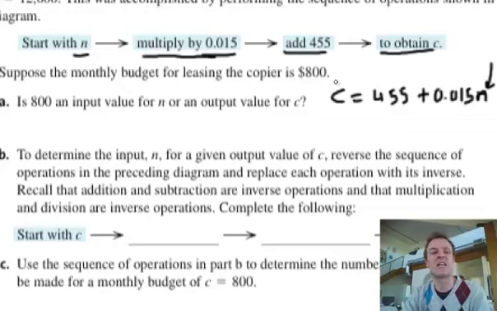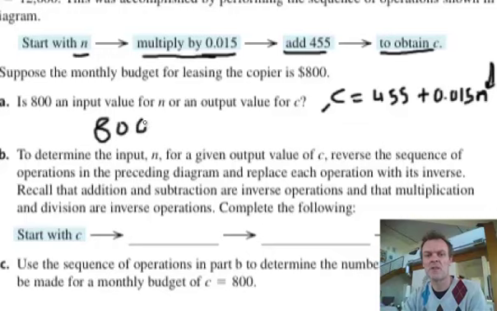Okay. Now this is saying, supposing the budget is $800, that's what it's going to charge you, how many copies can we make? And all of a sudden, this is what you now know and not this. We're saying 800 is the cost.